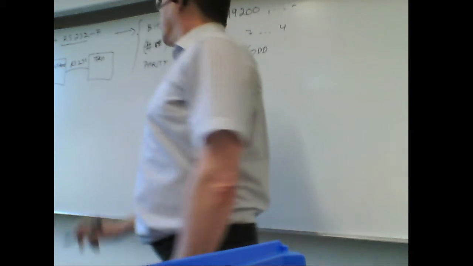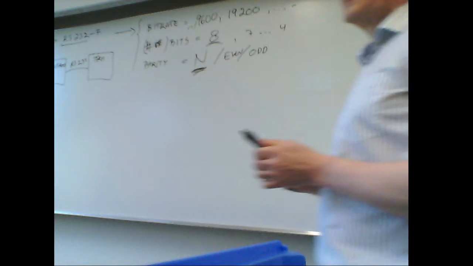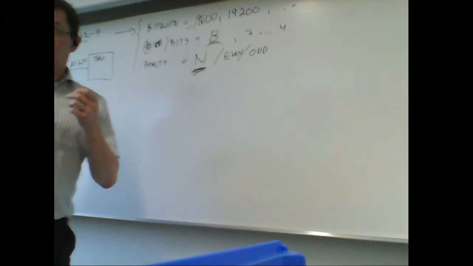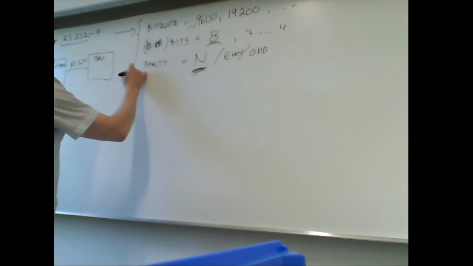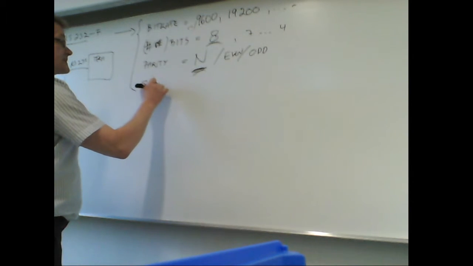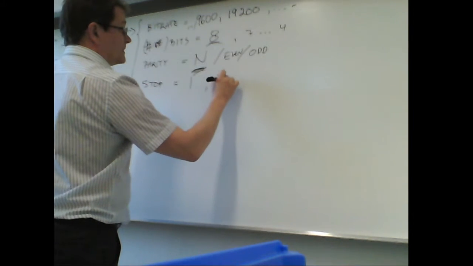Nowadays, usually the data integrity is tested by some better means than just one single bit, for example cyclic redundancy checks, CRC numbers. And the fourth one here is the number of stop bits, either 1 or 1.5.